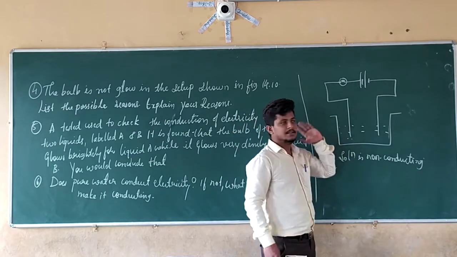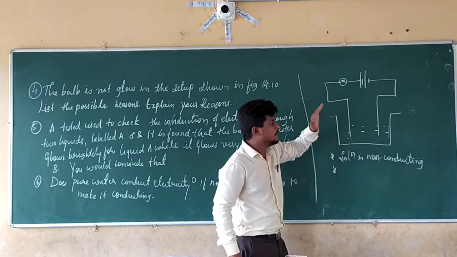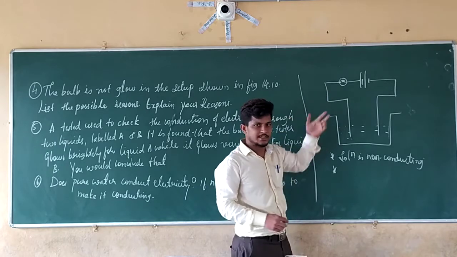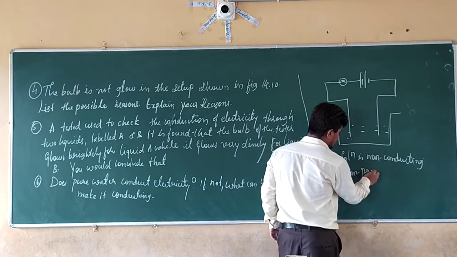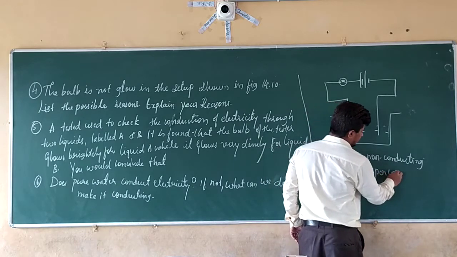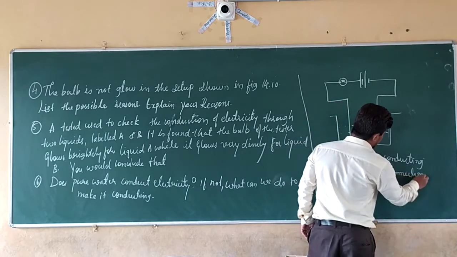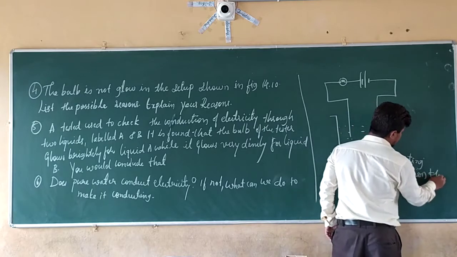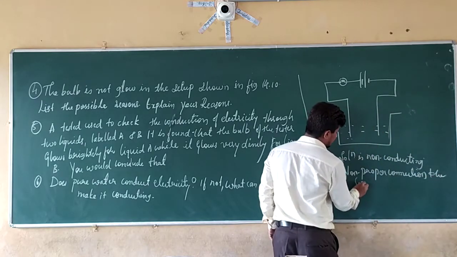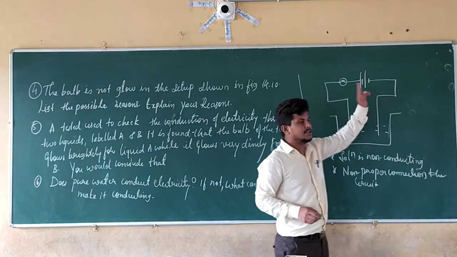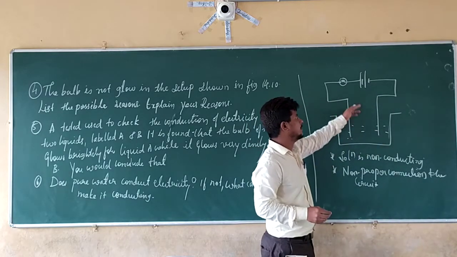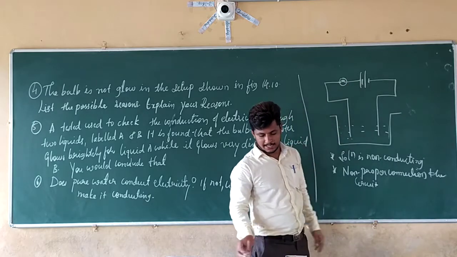Because of that, it is not conducting electricity, and so it is not glowing. So the second reason may be improper connection of the circuit. Here or here or here, there may be a cut or it is not properly connected.